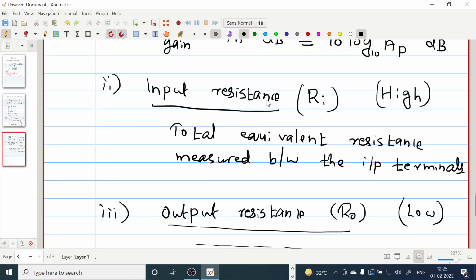Then one more parameter is there. This is the last parameter, that is bandwidth.